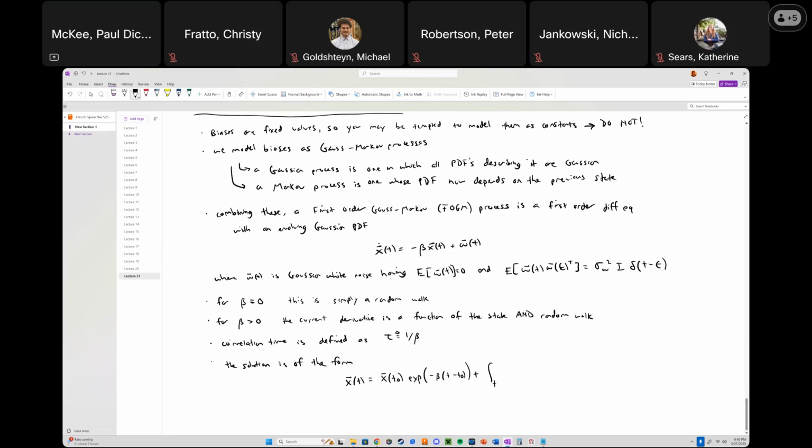So the integral from t naught to t of omega of epsilon times the exponential function of negative beta (t minus epsilon), d epsilon.